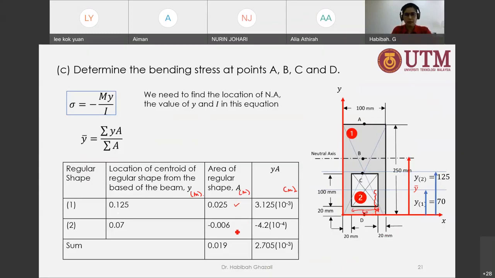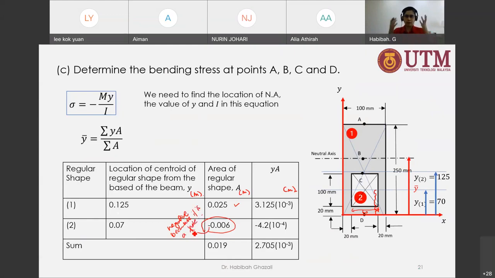When I do that in meter, I get this as the area. And you must put a negative here because we take that out, we drill that out. It is a hole.